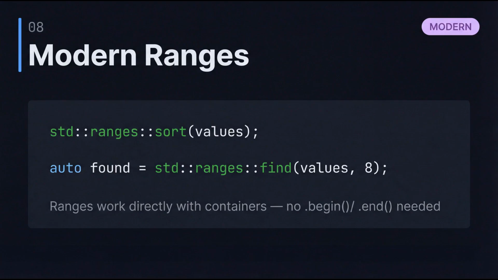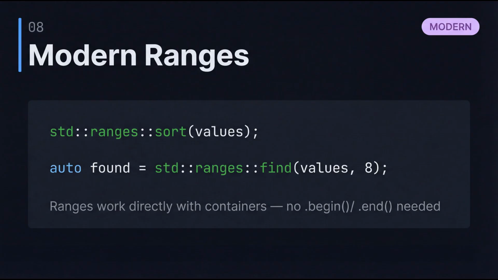C++20 introduced the ranges namespace, and it simplifies algorithm calls significantly. Instead of std::sort with begin and end, you write std::ranges::sort(values). Instead of std::find with begin and end and the target, you write std::ranges::find(values, 8).